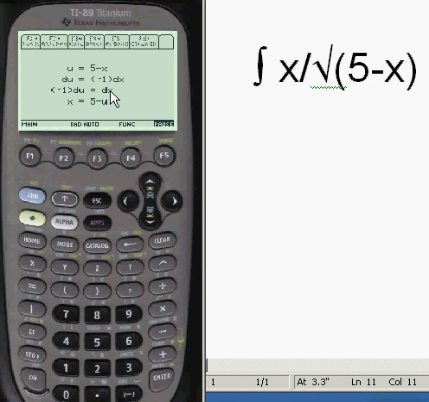Turns out that dx is minus du, and then we solve for x in this here, and x equals 5 minus u. Now we substitute in the problem here. Here's the x part, and here's the square root of u, and then minus du.